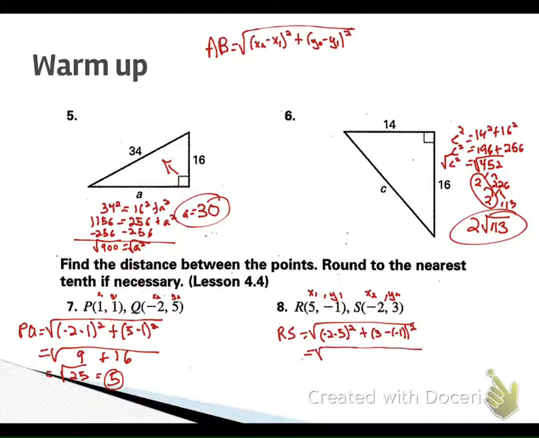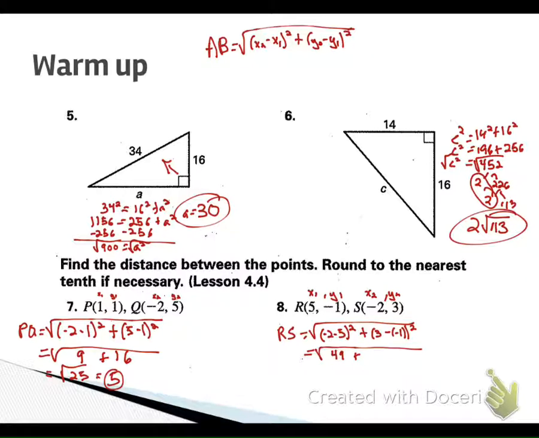So this becomes negative 7 squared, which is 49, plus, and then we have 3 minus negative 1. 3 minus negative 1 gives me what value? 4. So that's going to give you 4. 4 squared is 16.